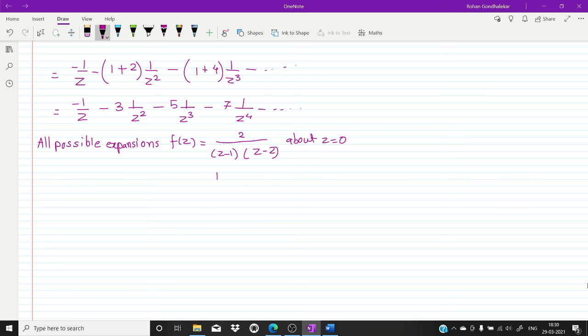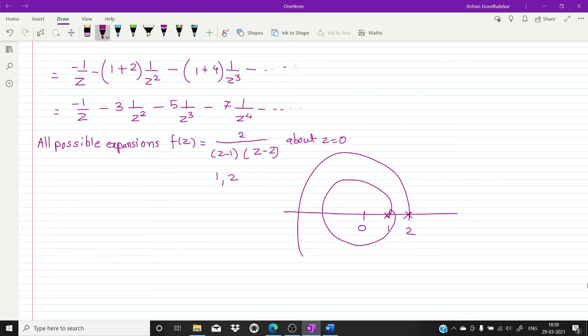Now see, here the singular points are 1 and 2, and the center is 0. So 0 is not a singular point. So these are the two singular points we have. So we are going to construct two circles around 0. The first circle is of radius 1, the second circle is of radius 2.